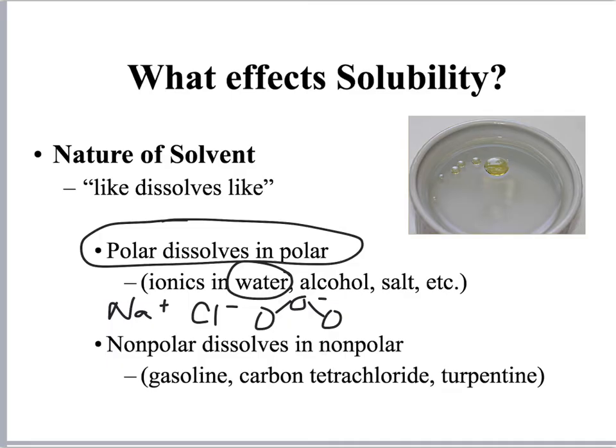The oxygen's negative and the hydrogens are positive. So polars like to dissolve polars, but also nonpolars like to dissolve nonpolars. Something like gasoline or oil, things that aren't usually good at dissolving in water, tend to dissolve each other quite well, believe it or not.